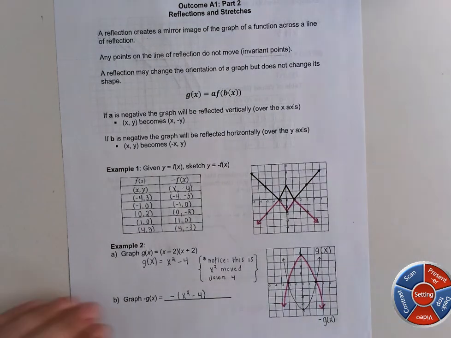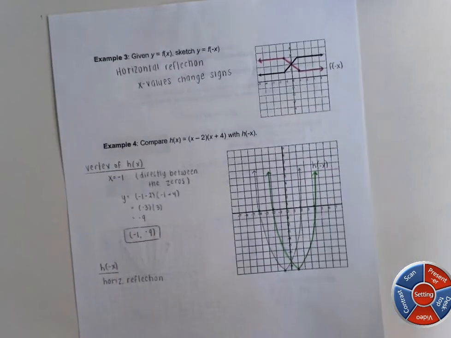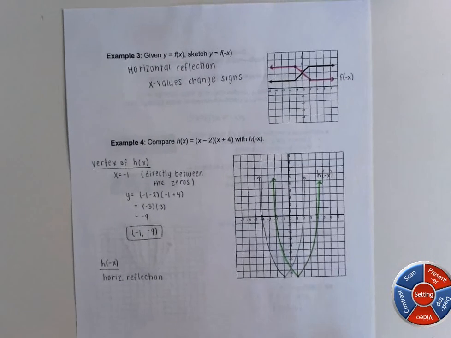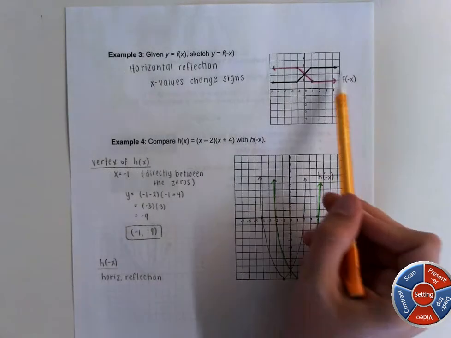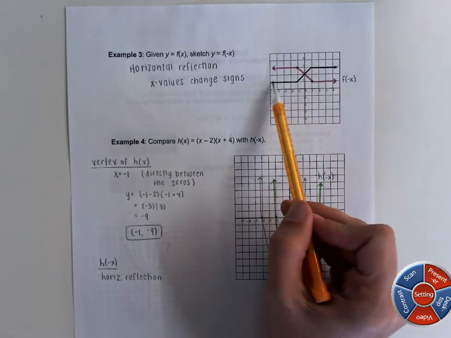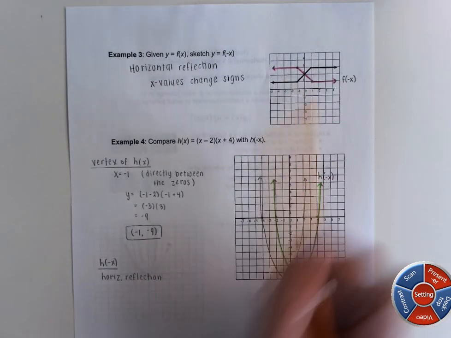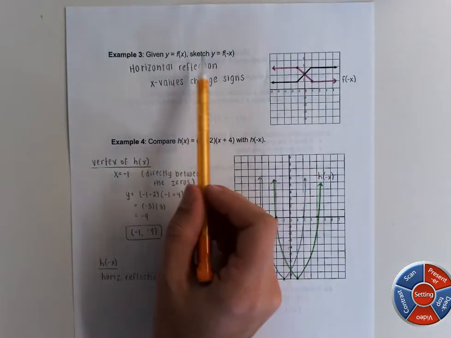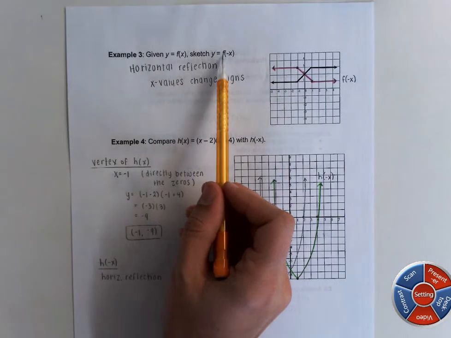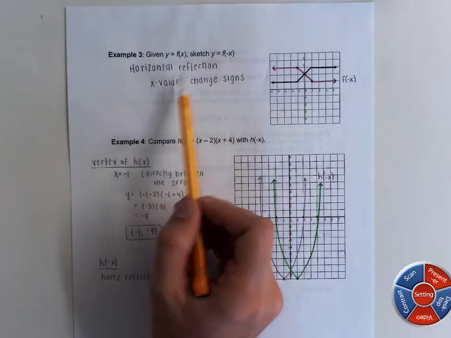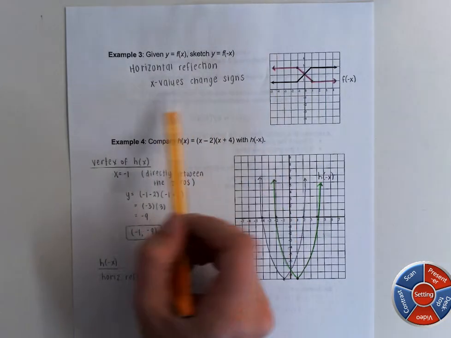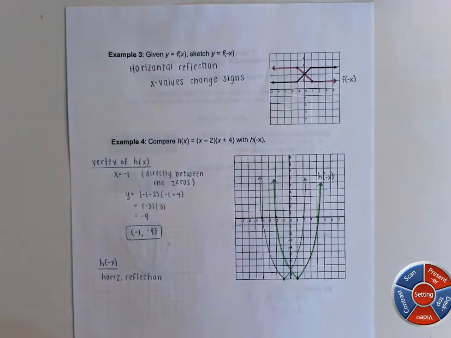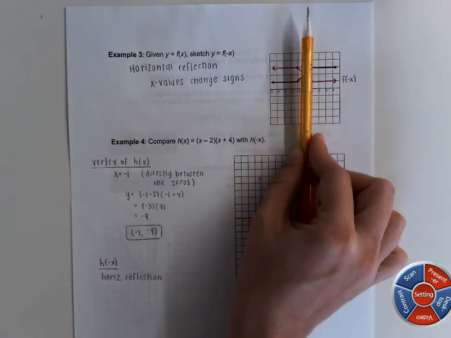This works the exact same way with horizontal reflections. In this first example, I've graphed a function for you. In black, this is the original function. And I've asked you to sketch f of negative x, so to reflect it horizontally. In this case, all the x values are going to change signs. You're reflecting it over the y-axis.